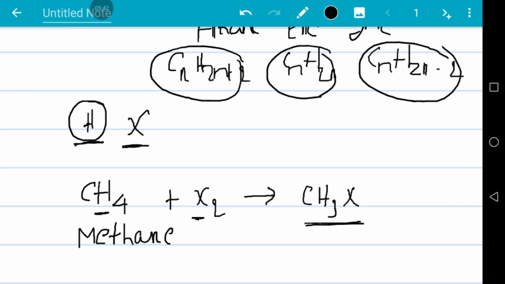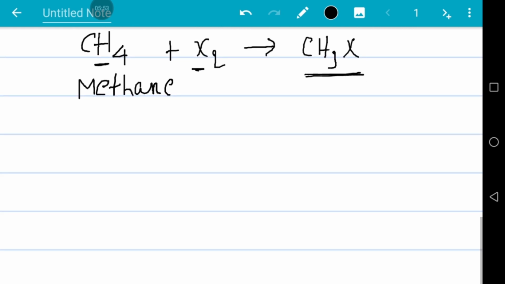So this is one of the halogen compounds. Like this, halogen compounds are the derivatives of hydrocarbons. Now, halogen compounds are classified into four types. The first one is the alkyl halides.